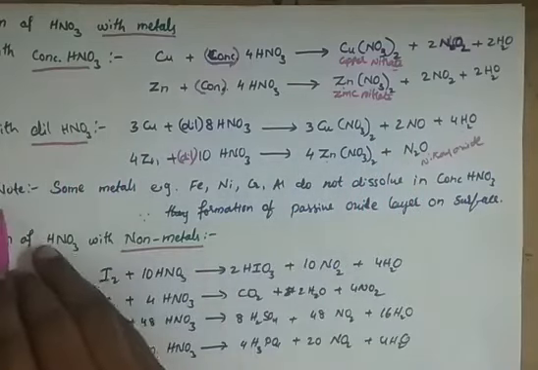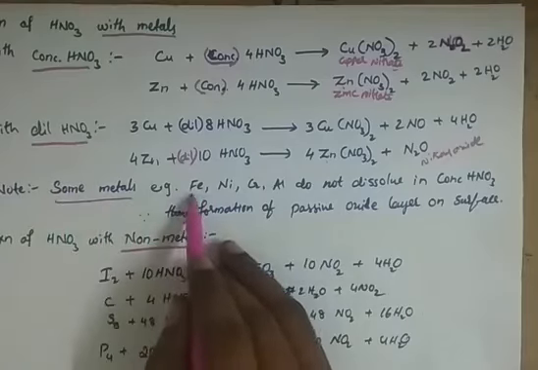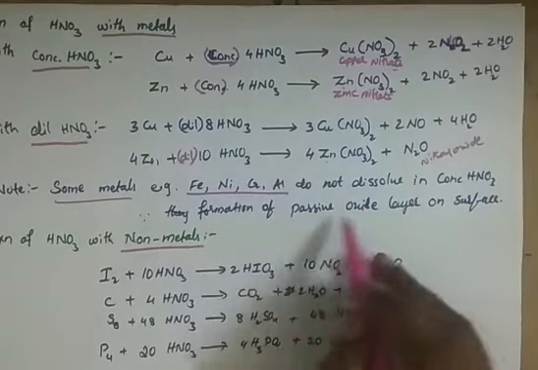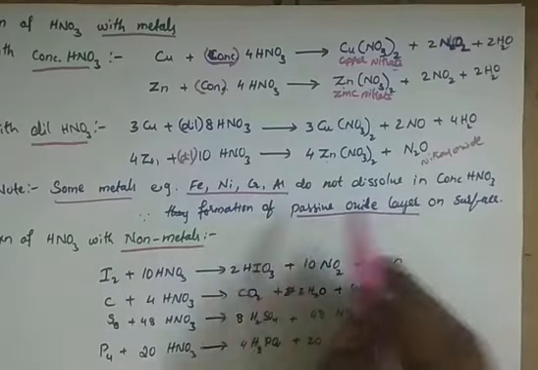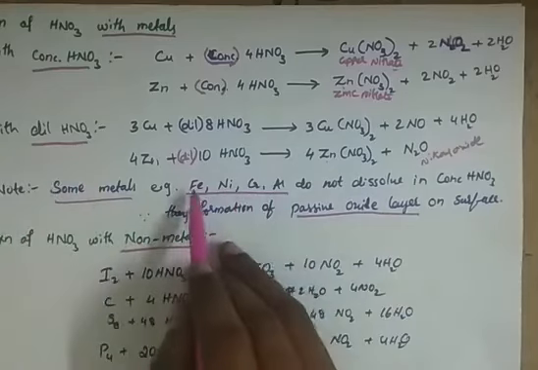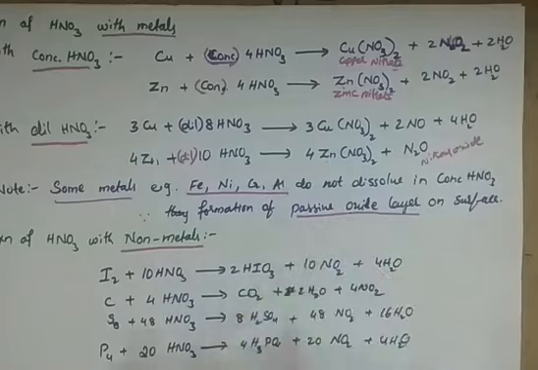And again, some metals are not reactive: iron, nickel, chromium, and aluminum. Here a passive oxide layer forms, that's why they won't react. Concentrated nitric acid won't react with iron, nickel, chromium, and aluminum due to the formation of a passive oxide layer.